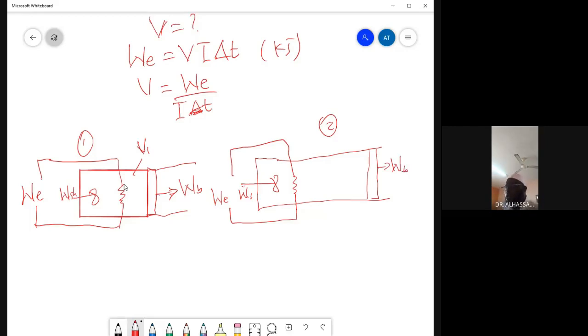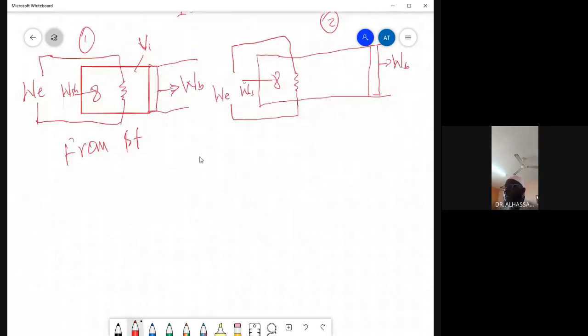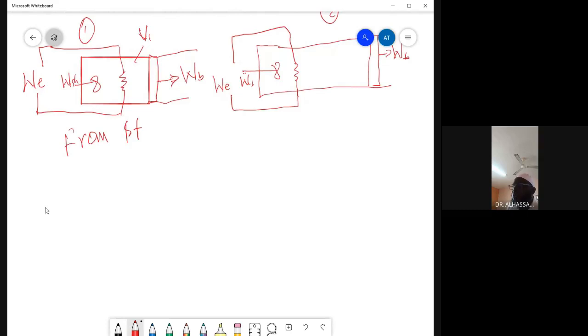So applying the first law of thermodynamics, from the first law, also the question I gave you, the assignment, you have to apply the first law of thermodynamics. So we will have the total amount of energy entering a thermodynamic system minus the total amount of energy exiting should be equal to the change in energy of the system.